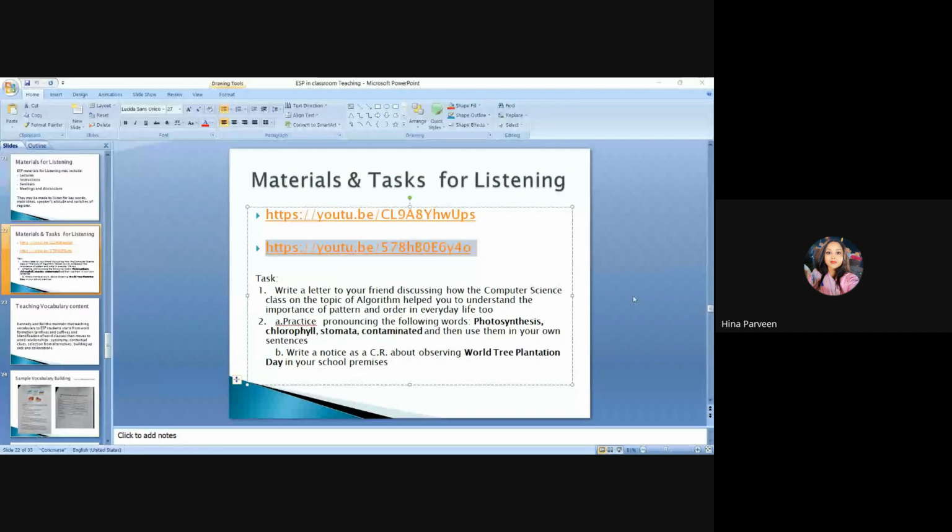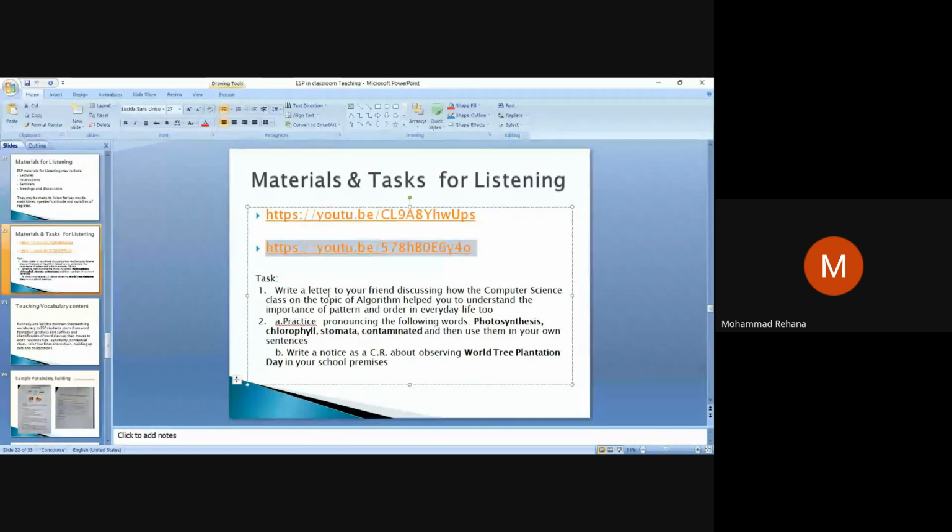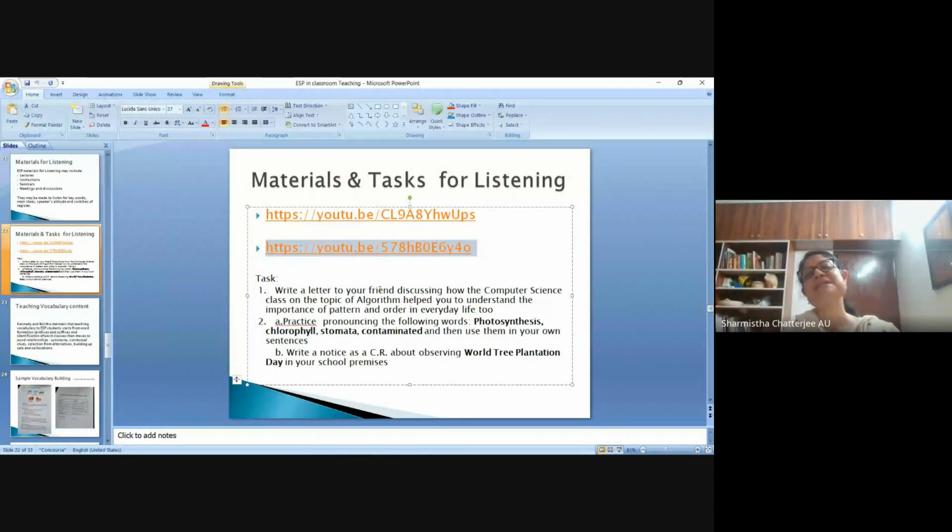Okay. So if the screen is visible now, on the basis of what we had seen about algorithms, as a byproduct, while you are all computer teachers, can you yourself encourage this?